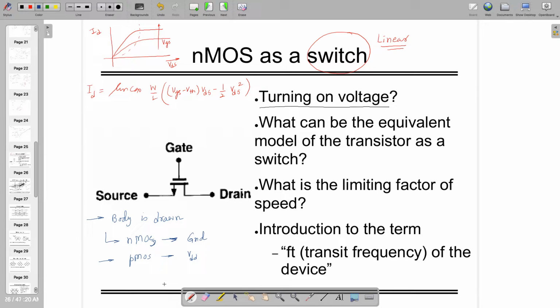Okay, so if that is the case, this switch acts like a valve, where this side is source, this is gate, and this is drain.